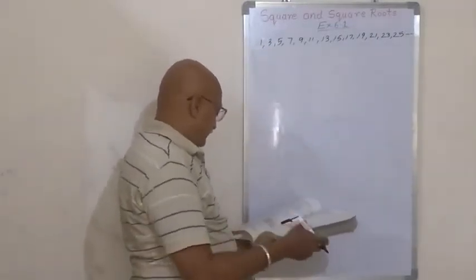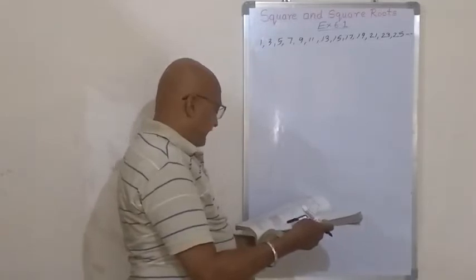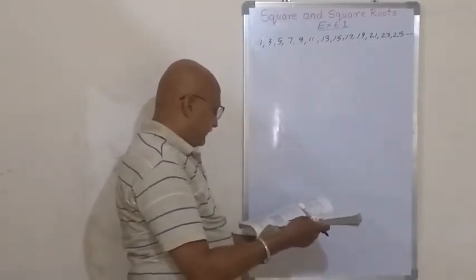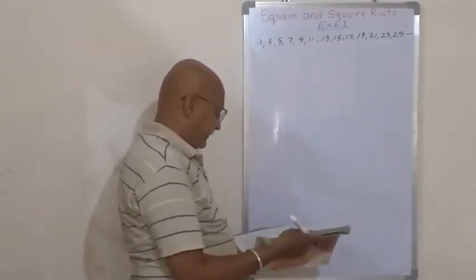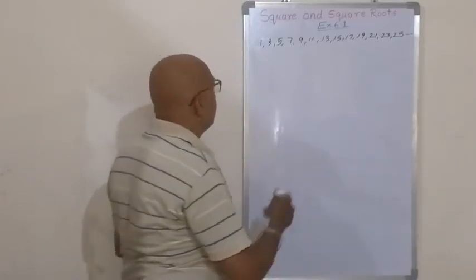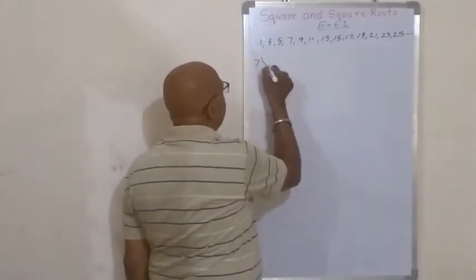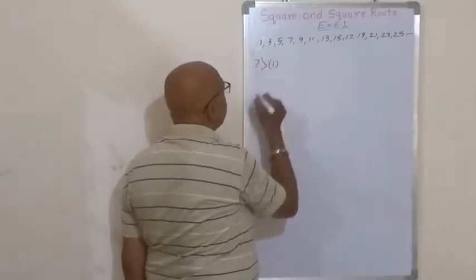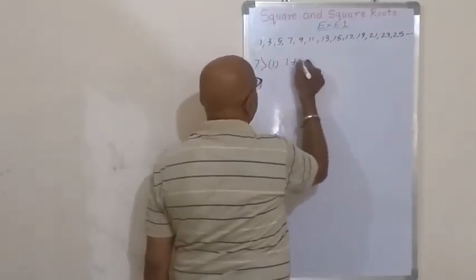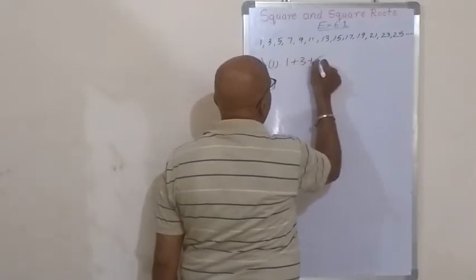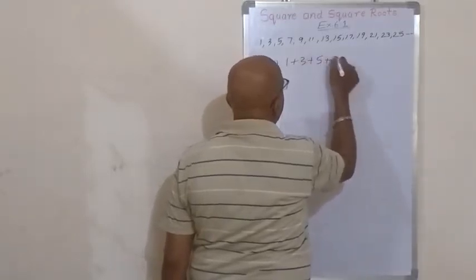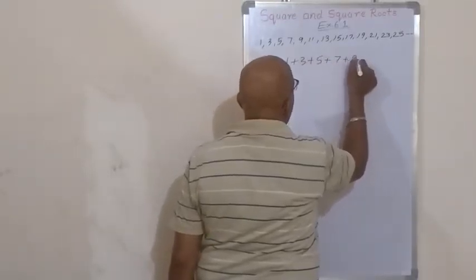In the seventh one, the first part is given: without adding, find the sum. The first one is 1 plus 3 plus 5 plus 7 plus 9.